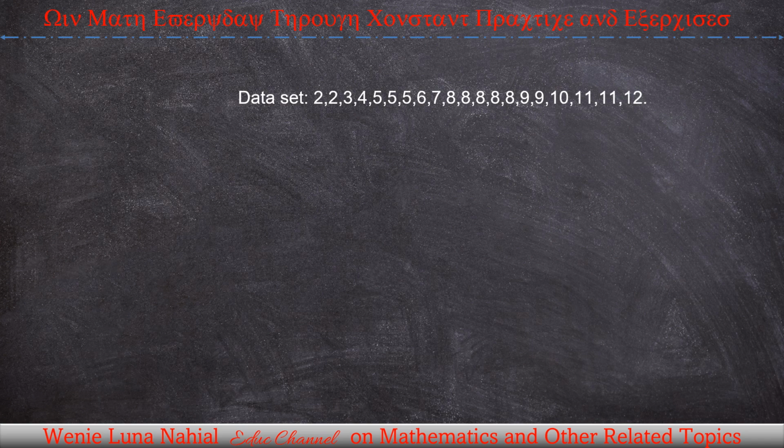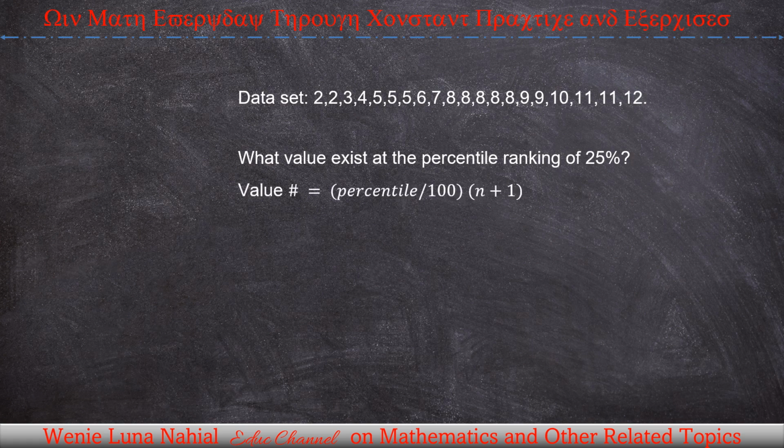Now, another question using the same data set. What value exists at the percentile ranking of 25%? So the formula is percentile divided by 100 times n plus 1. We're looking for the percentile ranking of 25%, which is why we add 1 to n.